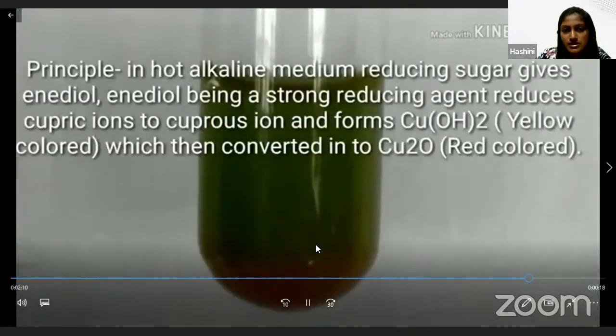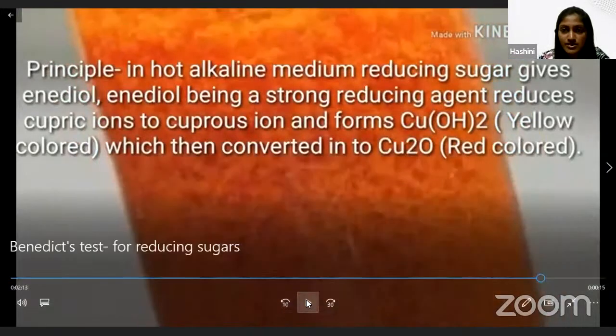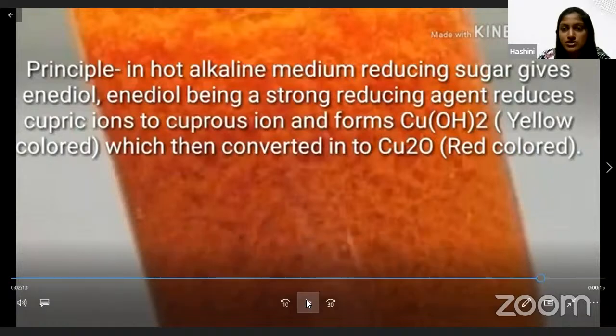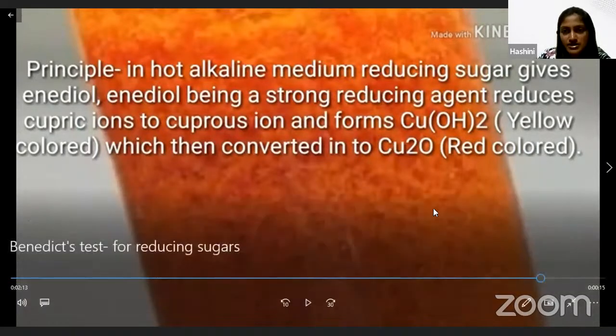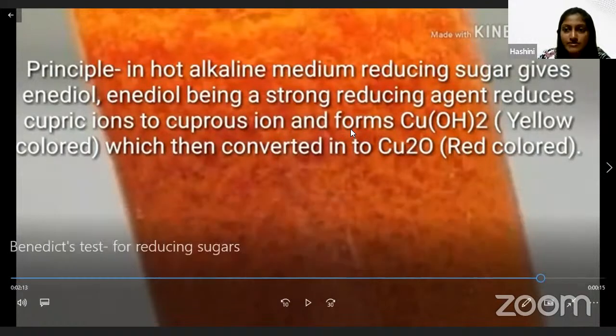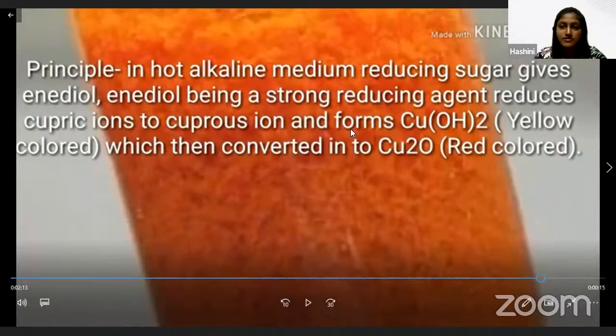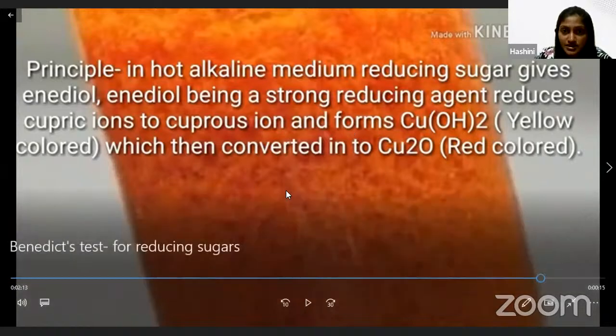Right, you can see. Finally, it goes through various color changes. You don't need to remember all the color changes, right? The ultimate color change, when glucose is added to this Benedict reagent and heated, is the brick red precipitate color.